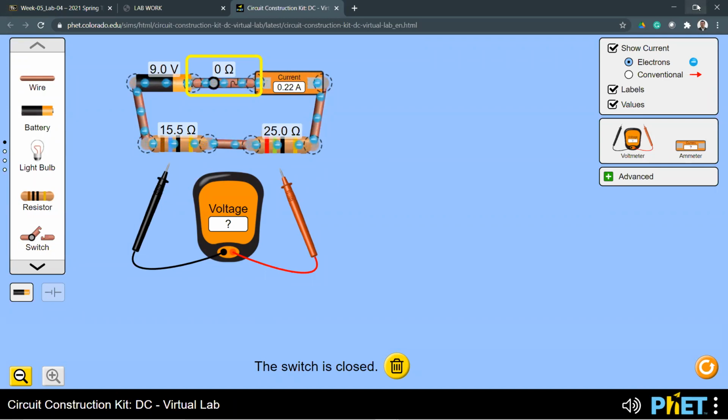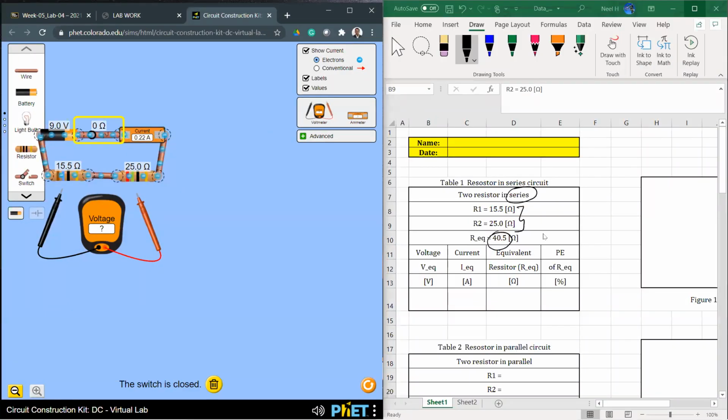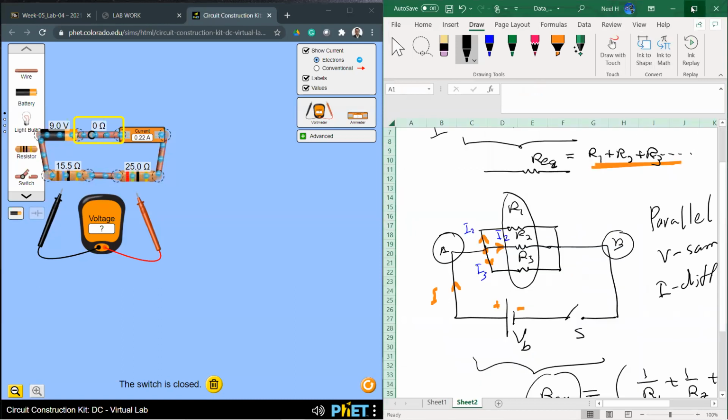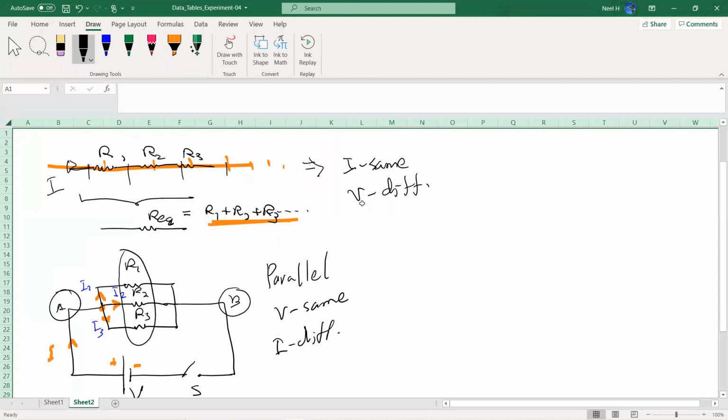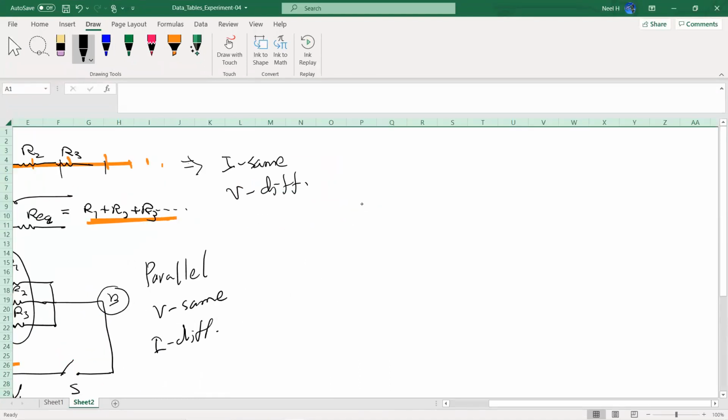Now what we're going to do, we know in theory if I add these two resistors we should get about 40.5 total resistance. Now we're going to try to figure it out by using Ohm's law. So what we have: two resistors connected serially, resistor 1 R1, resistor 2 R2, and then we have a battery and a switch and the ammeter.